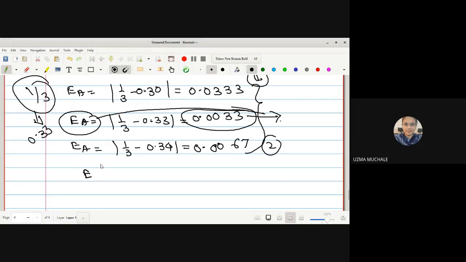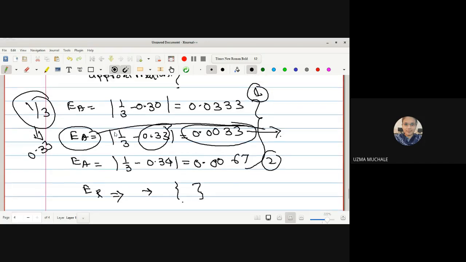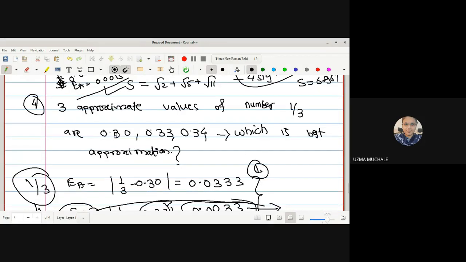And if it is difficult to find the differences between absolute errors, what you can do is go for relative error. If in an example all three values are coming very nearly equal, like 0.33, 0.33 again and again, then you can go for relative error, and you will get some differences in the relative error values corresponding to those numbers, and you can choose the minimum one, where you get the smallest difference. That is the best approximation for the number 1 by 3. Okay.